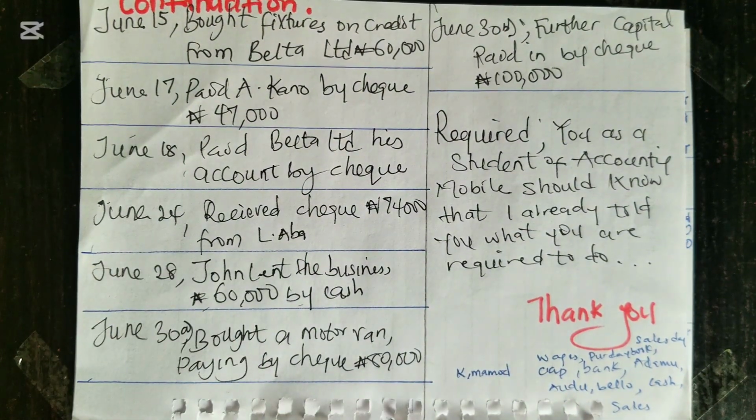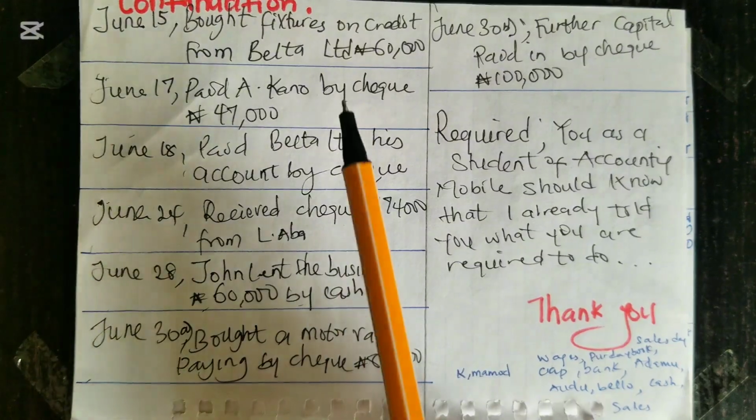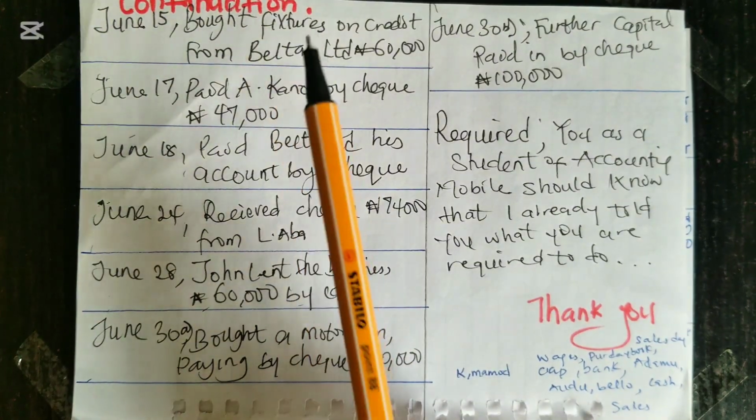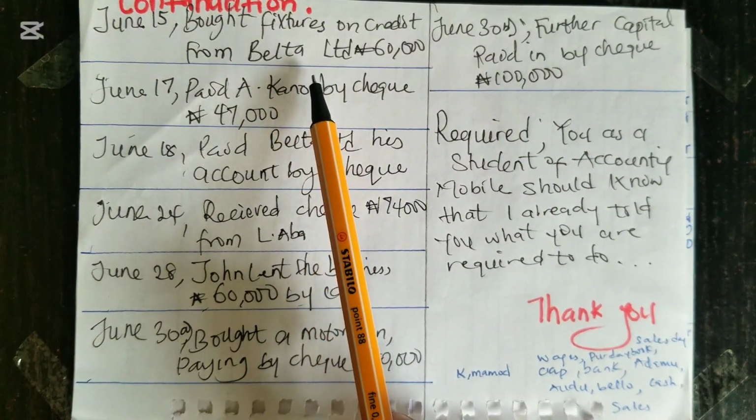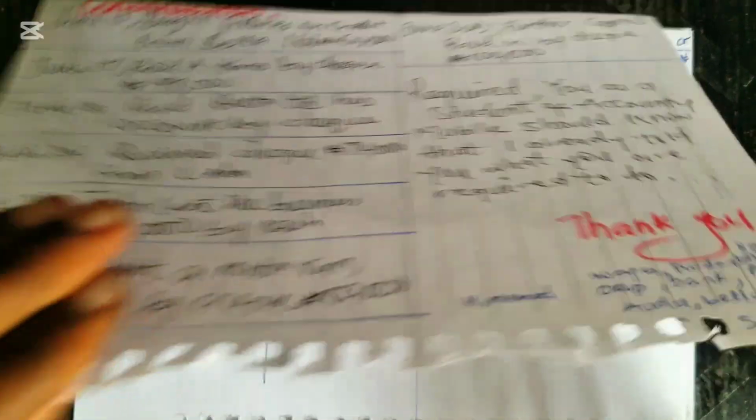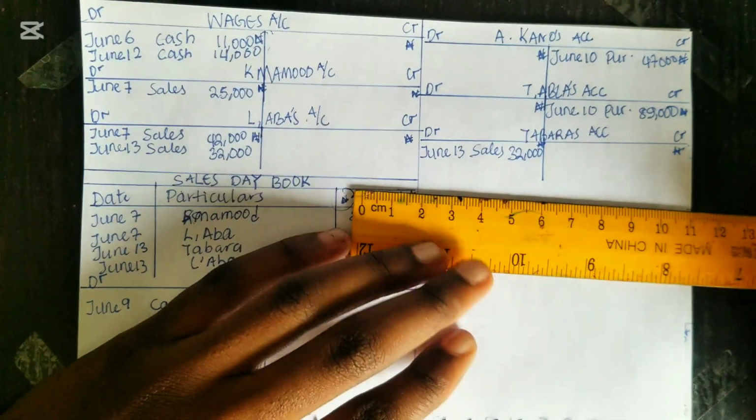But because it's not bought goods, it's bought furnitures, we're just going to prepare a furnitures account straight. We don't need to start preparing a purchases day book. So because goods were just bought on credit, we're going to have two accounts here: Furniture's account and Belta's account. Do you understand? So we're going to have Belta's account first.